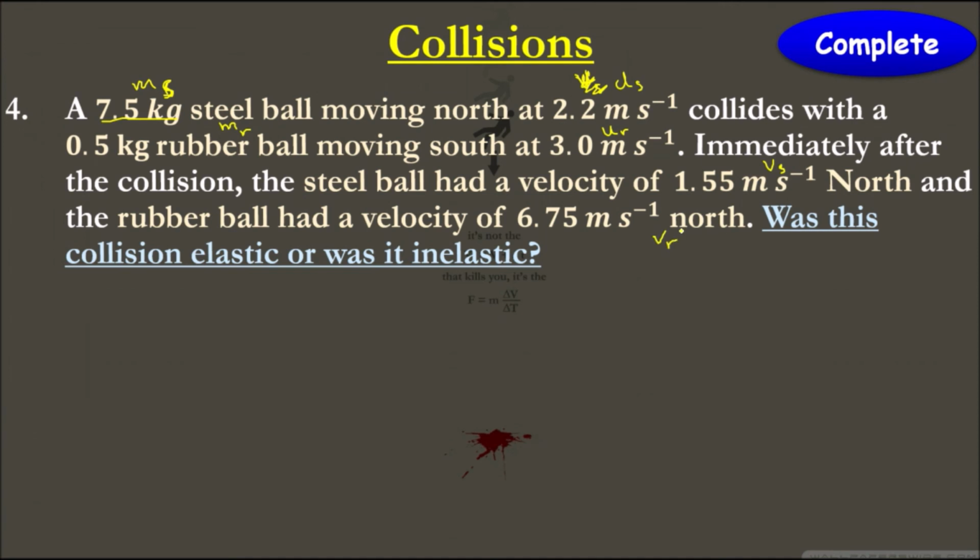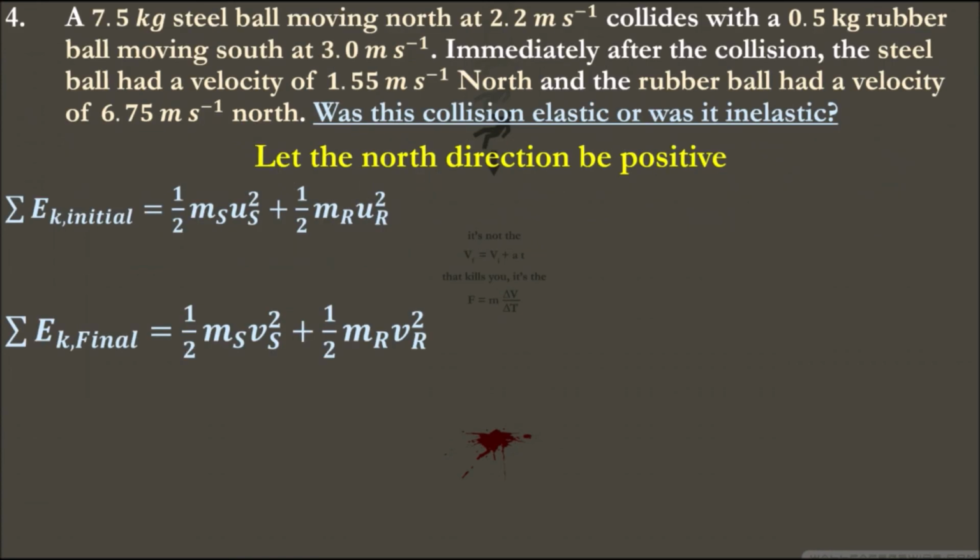What we can see is in this collision, one is still going in the same direction, and the other one is moving in the opposing direction. So it could potentially be elastic, or partially inelastic. Let's have a look. Let's start by saying the north direction is my positive direction.